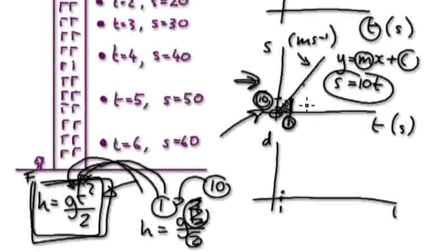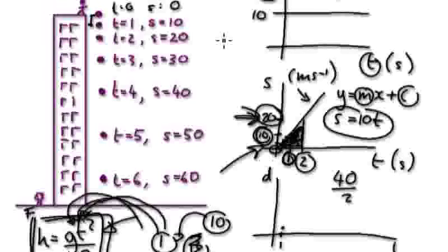Okay, and then after 2 seconds, you can use the speed time graph here. After 2 seconds, the speed will be 20. So now it's 2 times 20, which is 40, and then divided by 2. So after 2 seconds, it would have covered 20 meters.